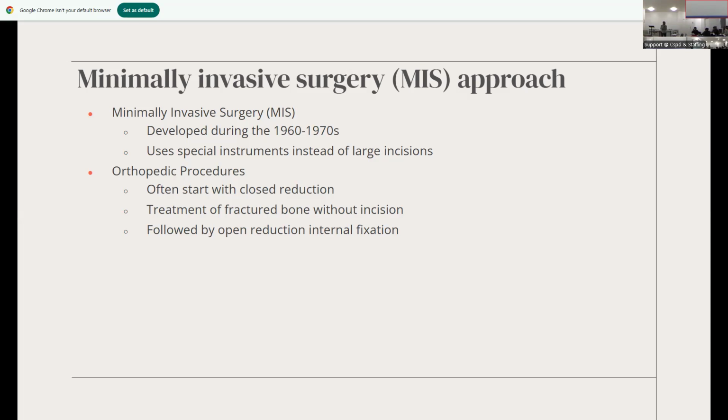Because the opening is small, you spend fewer days in the hospital for what? Healing. The recovery is what? Quick. Unlike a big opening. Okay. So let's look at this situation.